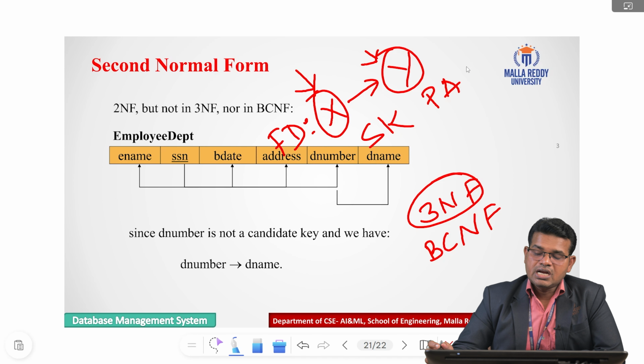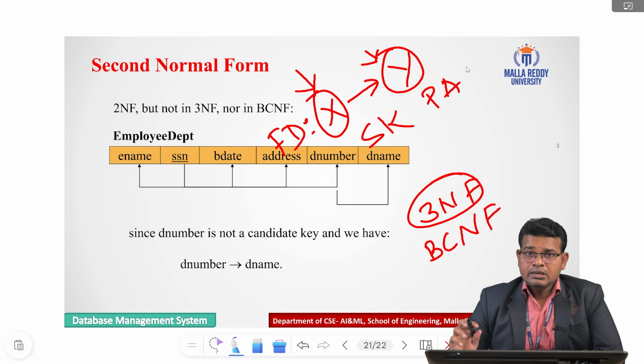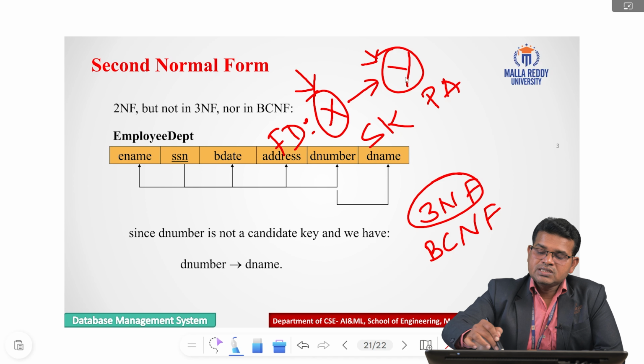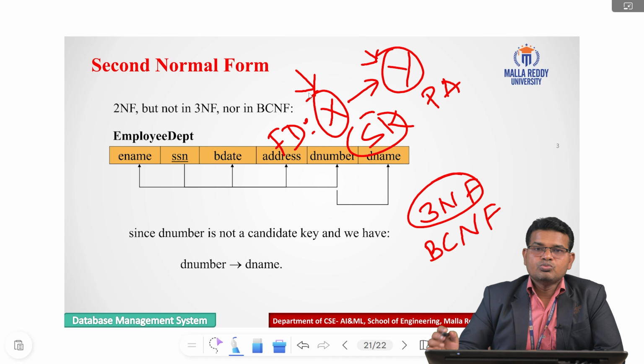Prime attribute, as I already told you, is the one which is part of a candidate key.